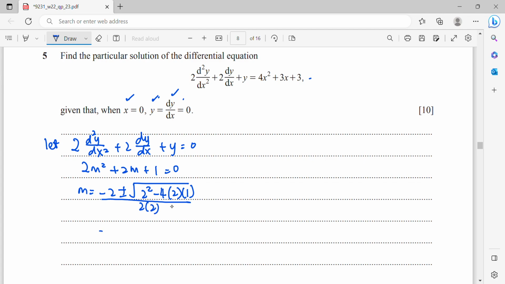At last, you will get minus 2 plus minus square root of minus 4 over 4. Because of the negative square root, we will get complex roots. So I will get m equals minus half plus minus half i. So two m values, and they are complex.